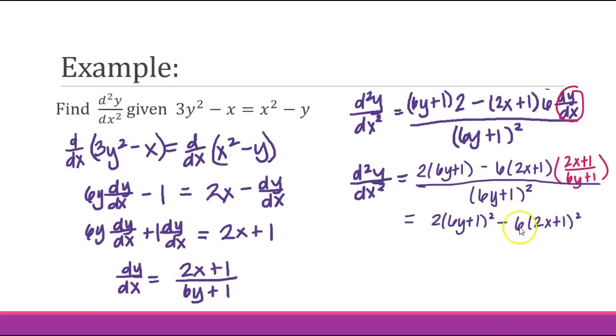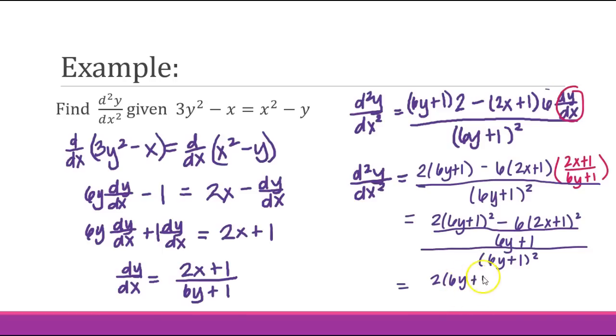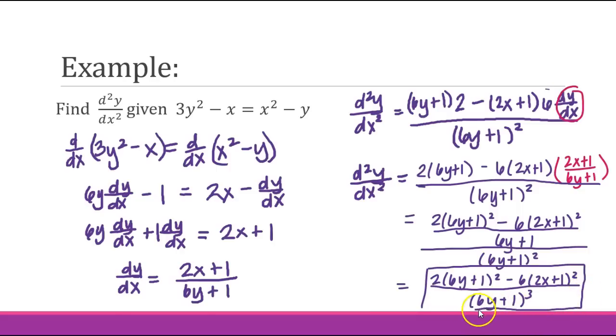Now this whole thing is all over 6y plus 1, but then that whole thing is all over 6y plus 1 squared. So I can rewrite this as 2 times 6y plus 1 squared minus 6 times 2x plus 1 squared all over the 3 copies, 6y plus 1 cubed. If I think about multiplying by the reciprocal, this is what I'm going to have as my final answer for the second derivative using implicit differentiation.